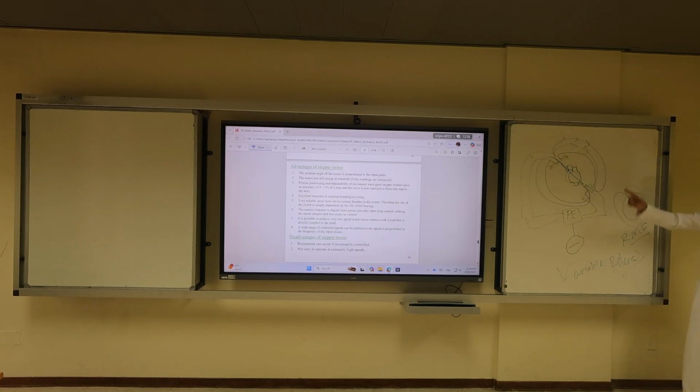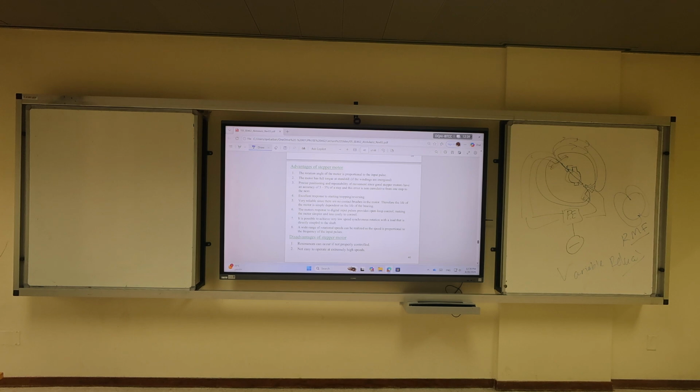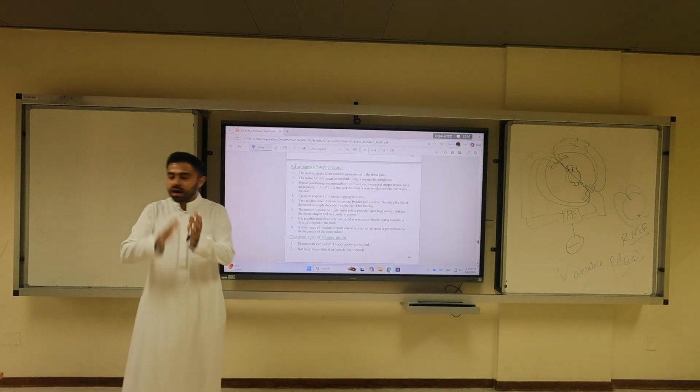And now, because I have PE, I can have special types of machines that have the capability to align themselves based on the power electronics. We do have switched reluctance, we do have many other things, but the stepper motor aligns and stops.